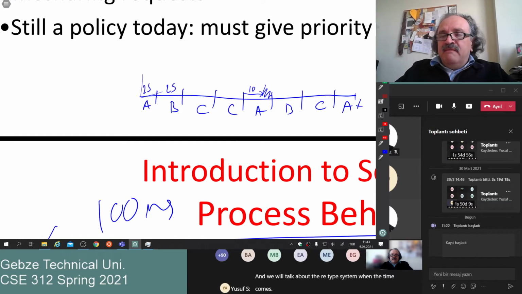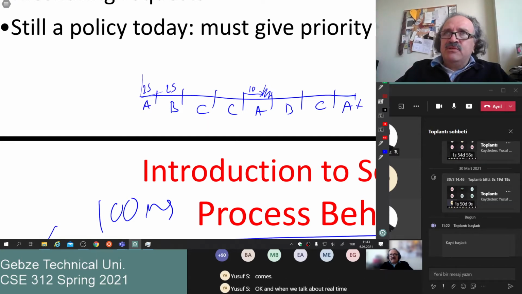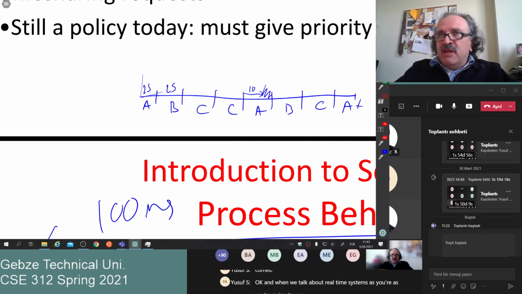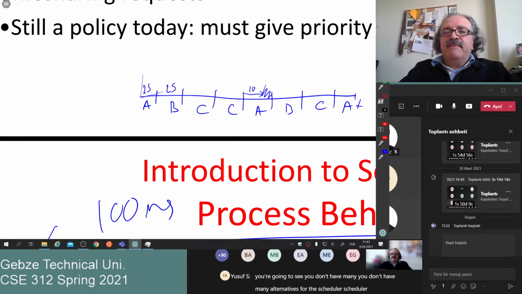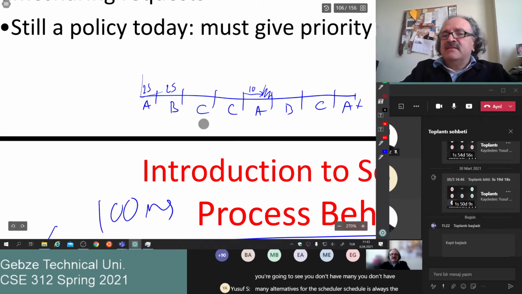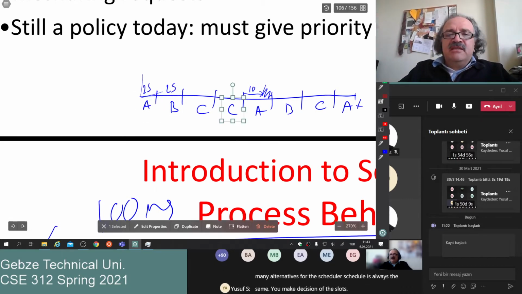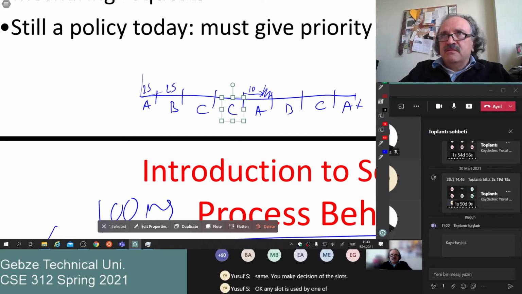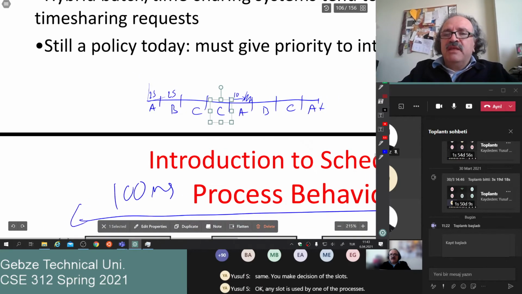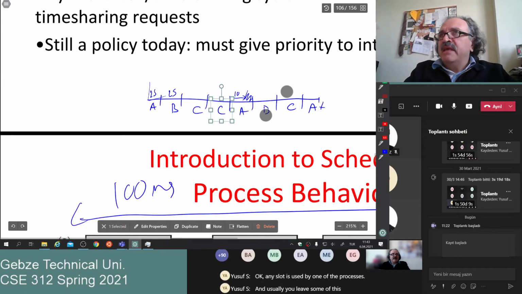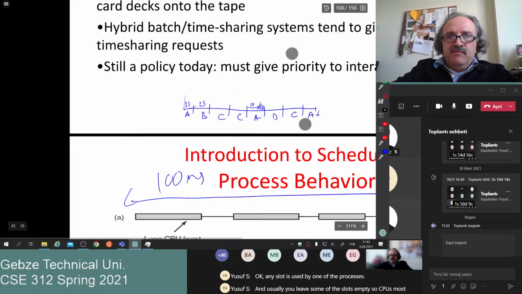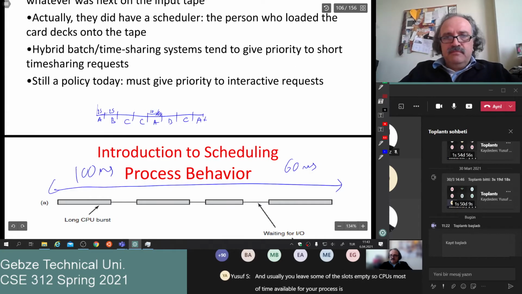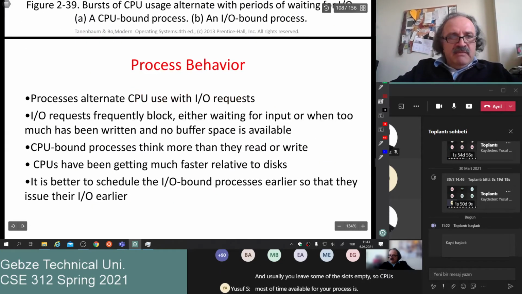And as you're going to see, you don't have many alternatives for the scheduler. The schedule is always the same. You make decisions on the slots, and each slot is used by one of the processes. And usually you leave some of the slots empty, so the CPU is most of the time available for your processes. Okay, let me continue then.